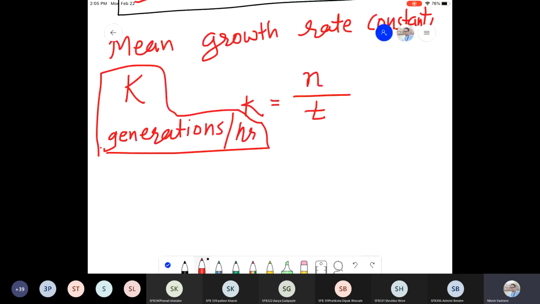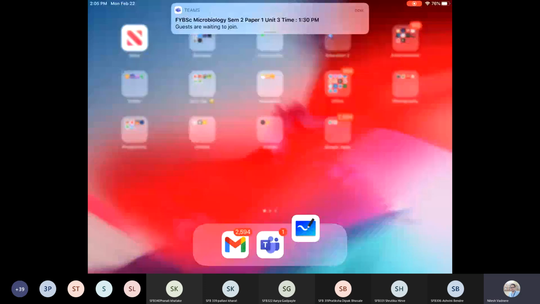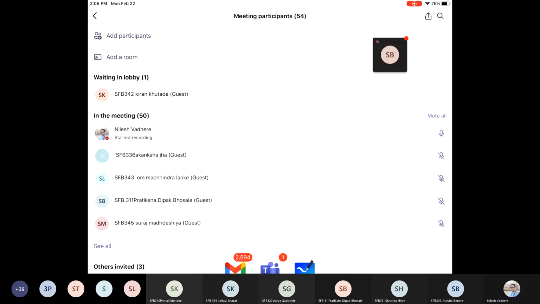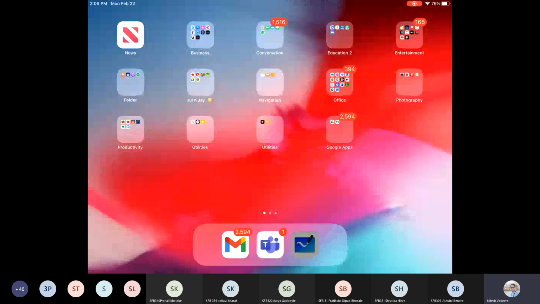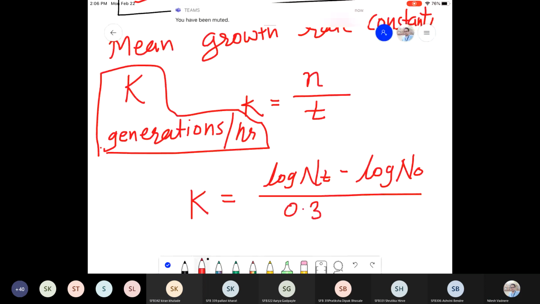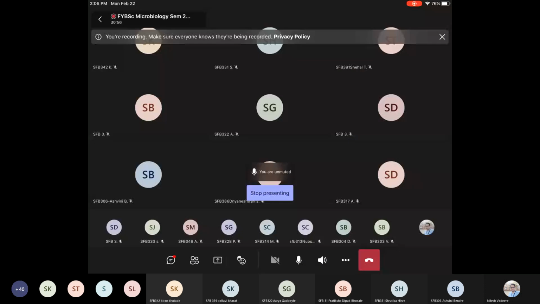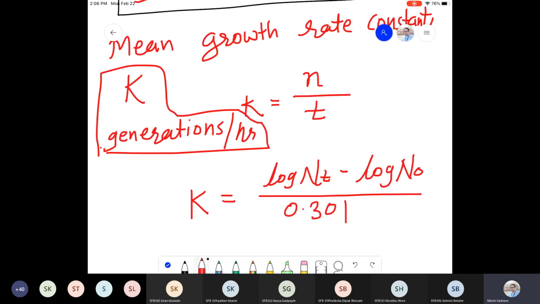So now our equation will become k is equal to, instead of this n, we will write the equation for n, which is log of nt minus log of n0 divided by 0.301, and now we write this t over here.